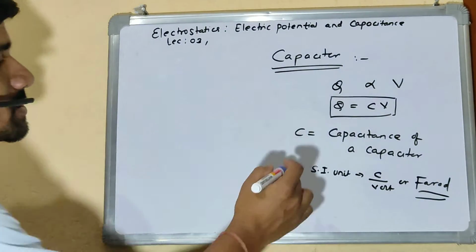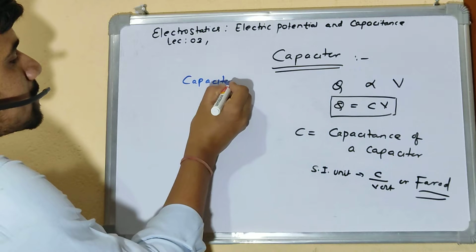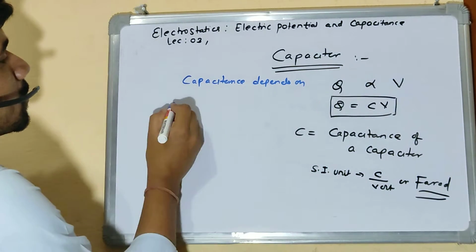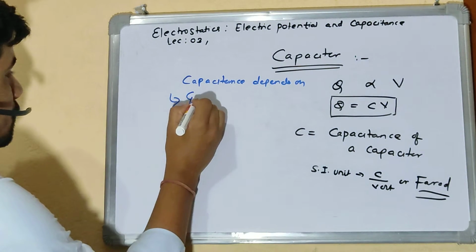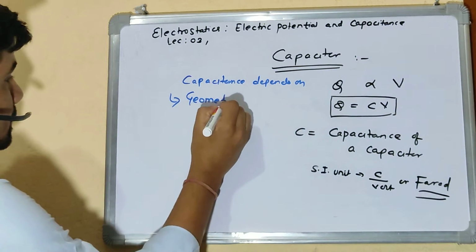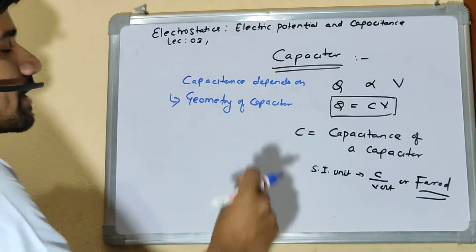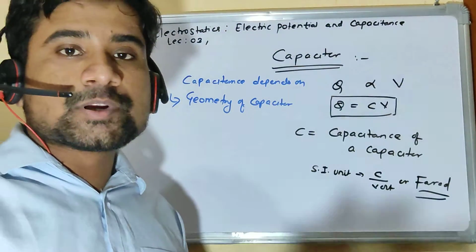So this constant called capacitance, what does it depend on? Capacitance only depends on the geometry of the capacitor. Geometry means the area of the plates, the length, the distance between the plates.